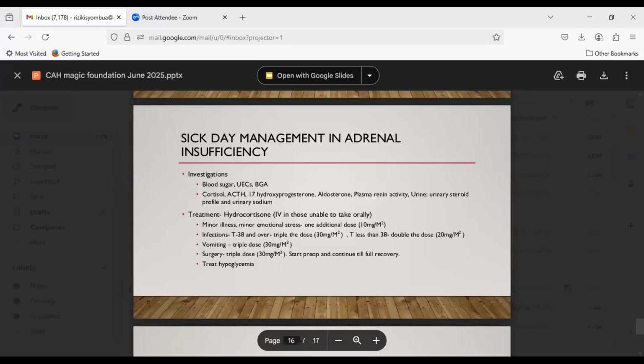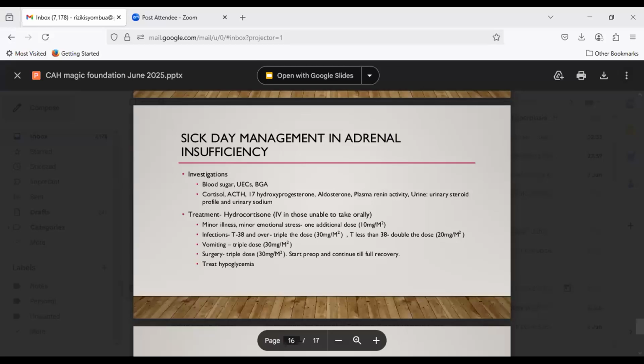If less than that, you give twice the dose you normally give. Remember, we said 10 to 15 milligrams per meter square body surface area. If you are giving triple, that would be 30. If you are giving double, that would be 20 milligrams per meter square. If they are vomiting, usually you give triple the dose. If they are unable to take it orally, give injectable hydrocortisone.